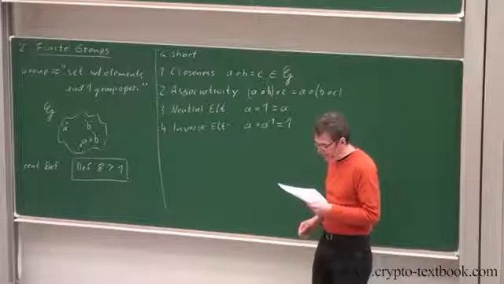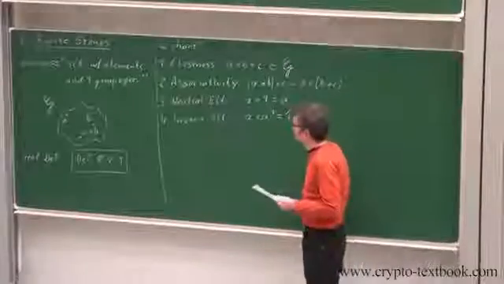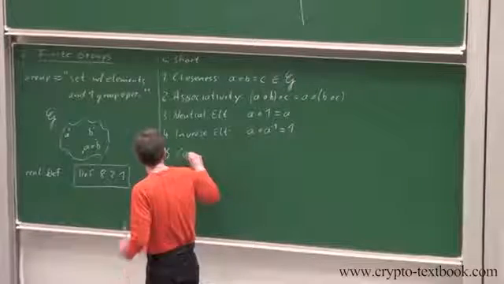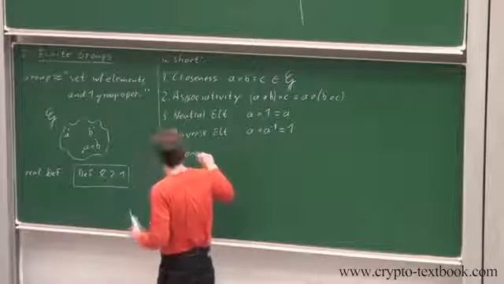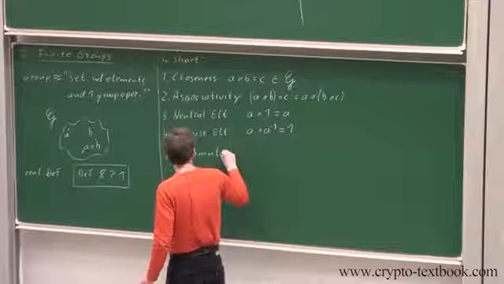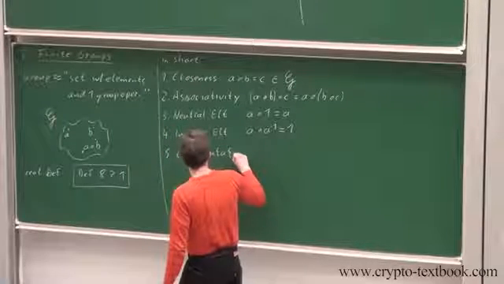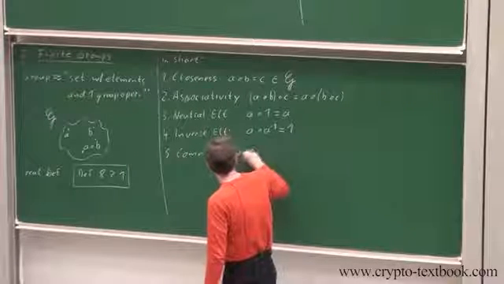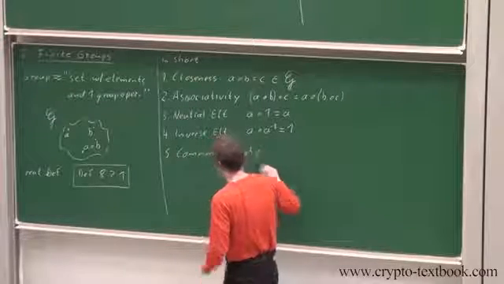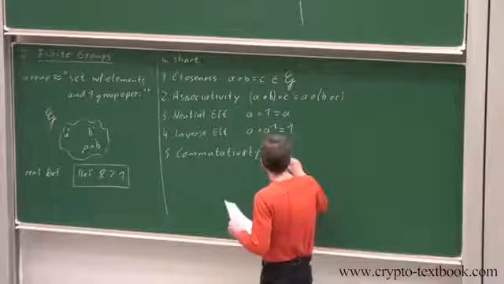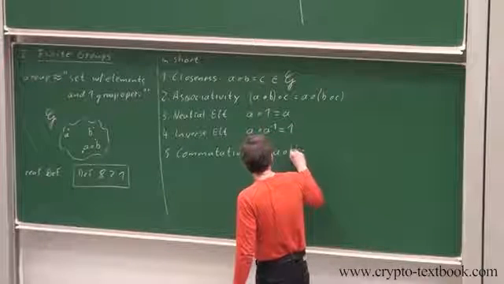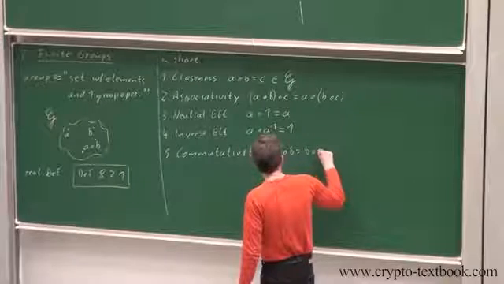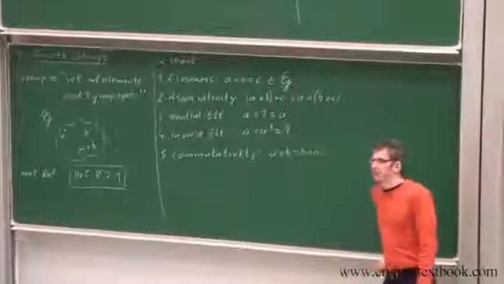And then there's the fifth property, commutativity, I guess, if you want to have proper nouns, which says if we do A times B, we might as well do B times A, which is kind of an additional property.